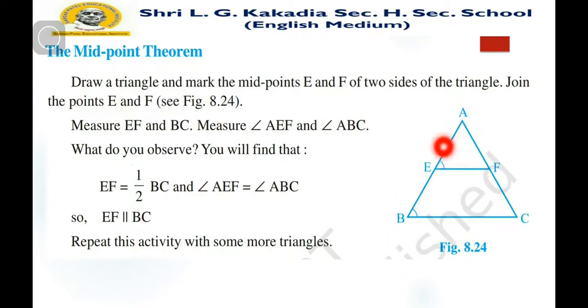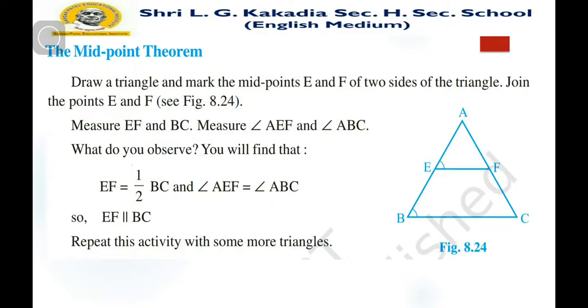If these two angles are equal, then you can say that EF and BC are parallel to each other. So EF is parallel to BC. Repeat this activity with some more triangles.